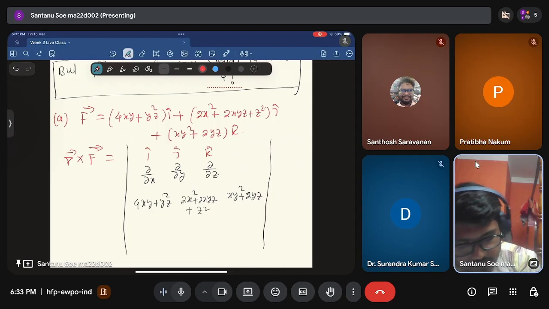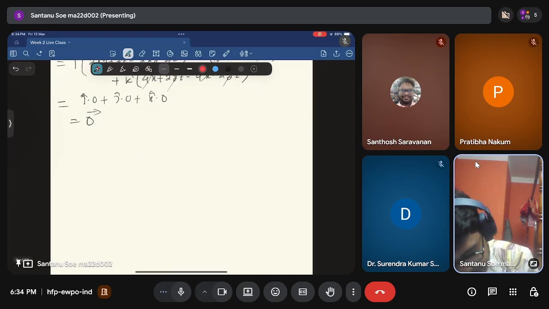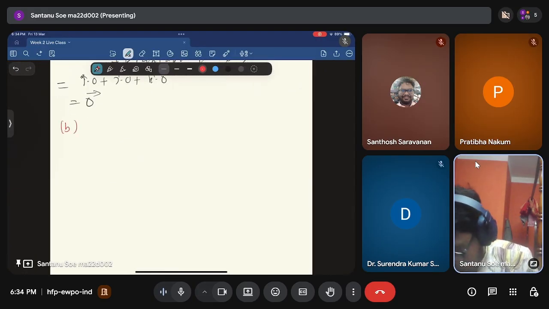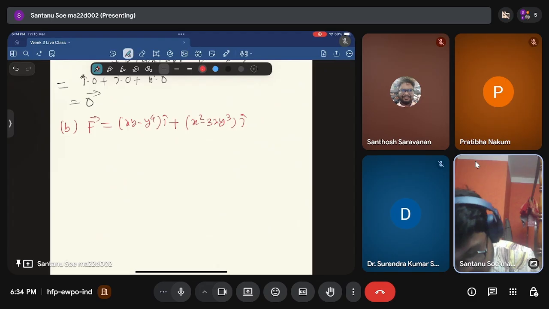Okay. So yeah, let us try to write another function, and we're going to see that for this function, our curl is not 0. So that means its potential function does not exist. Let us write F vector equals to (xy minus y to the power 4) i cap plus (x square minus 3x y cube) j cap.